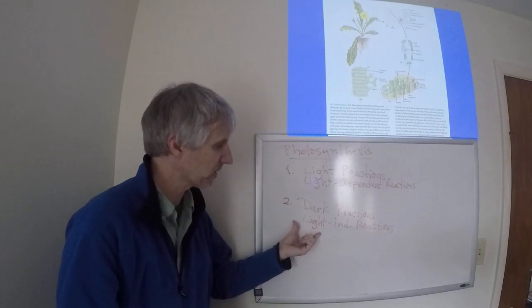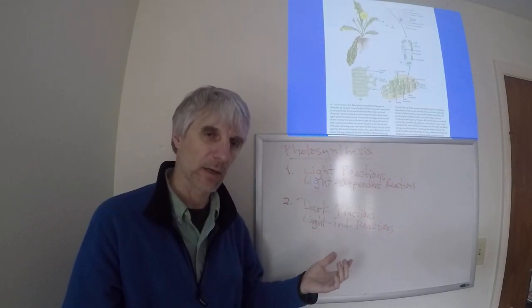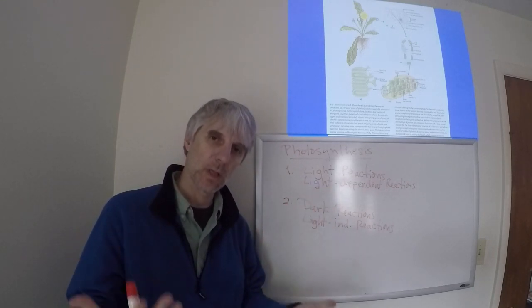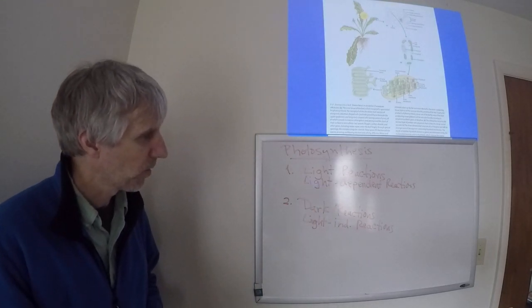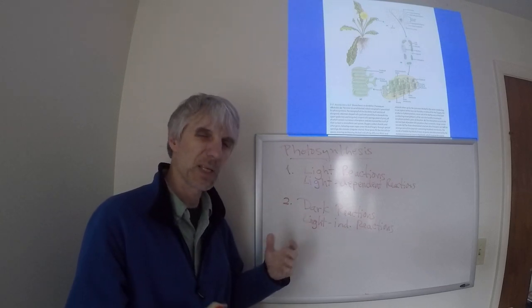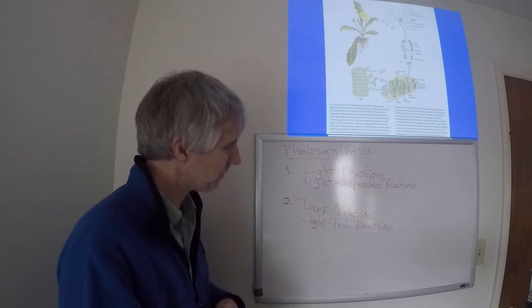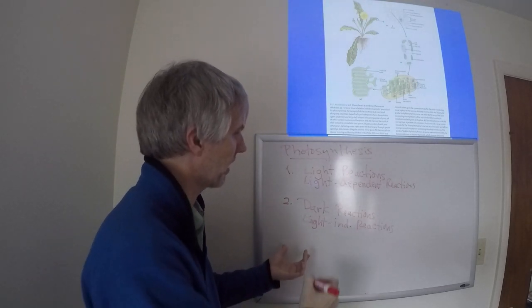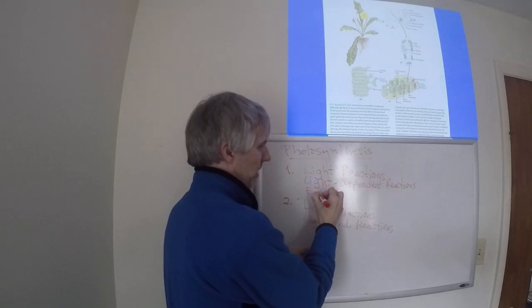A set of reactions where light doesn't matter, and a set of reactions where light does matter. Well, they decided these weren't very descriptive, so they came up with another set of terms.